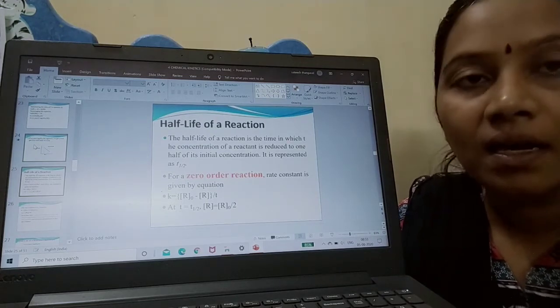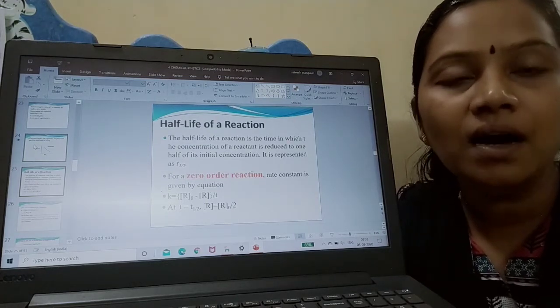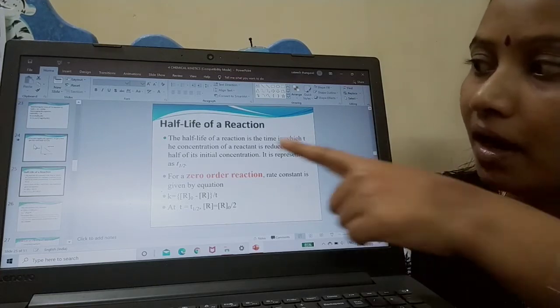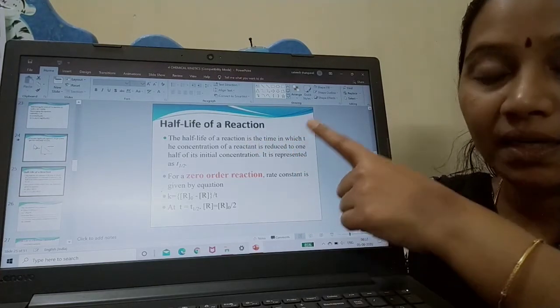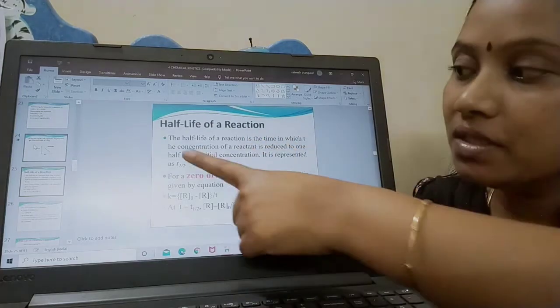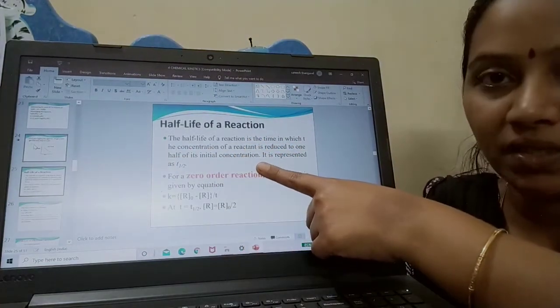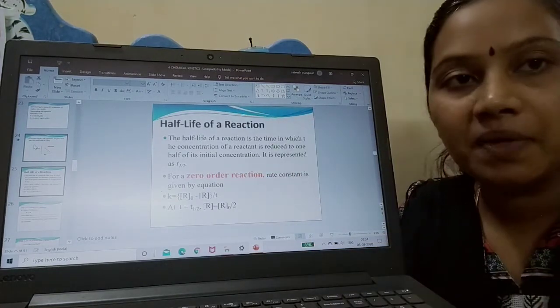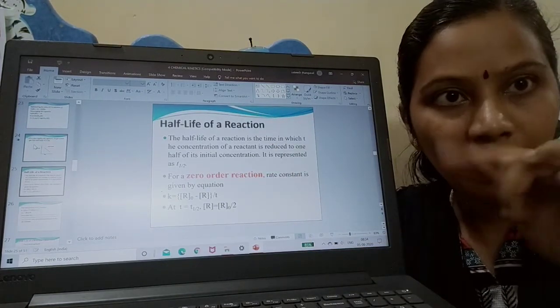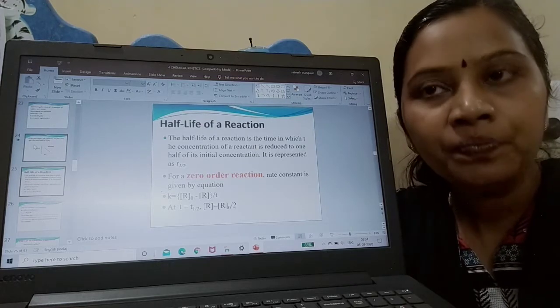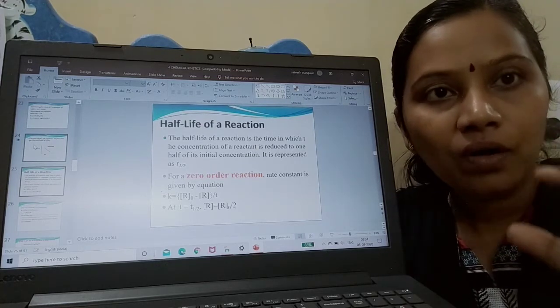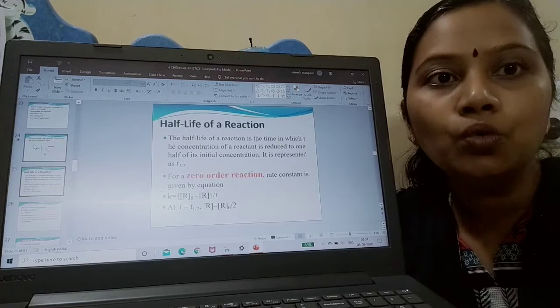Next step is the half-life of a reaction. What is the half-life of a reaction? Half-life of a reaction is the time period in which the concentration of the reactant is reduced to half of its initial concentration. It is represented with the term t half. From the name, get the clue: the time required for the concentration of the reactant to become half.